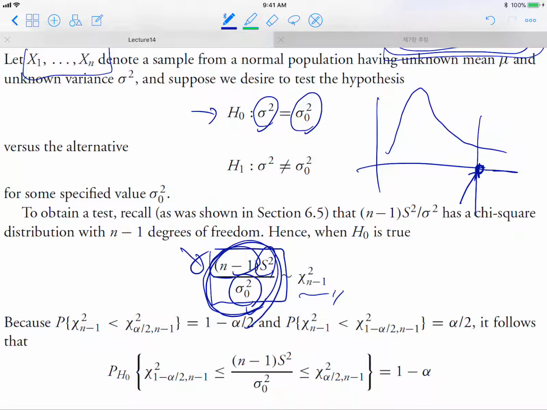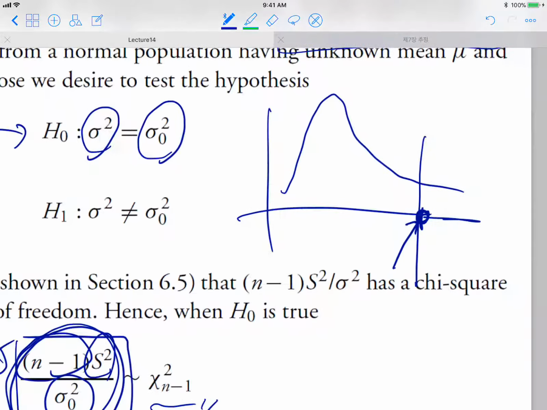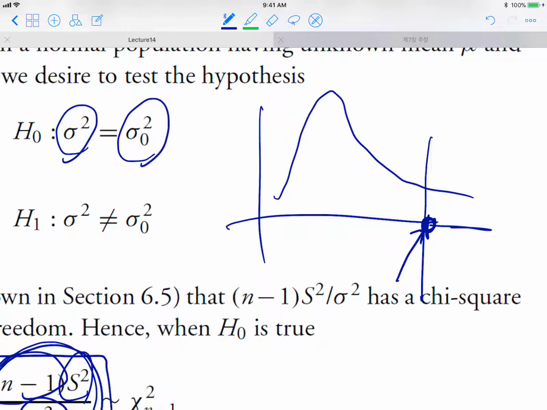then we can compute whether this falls inside our rejection region or not. So in this case, this is our chi-square distribution, and suppose alpha was 5%.